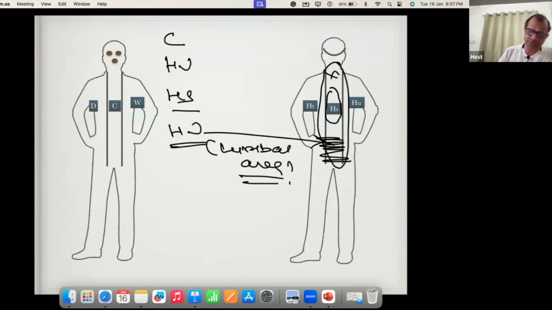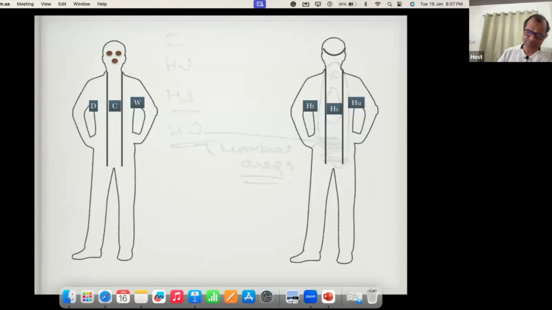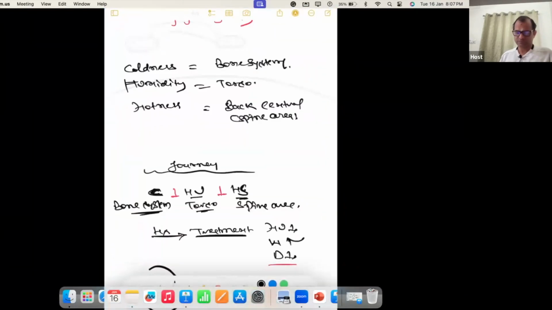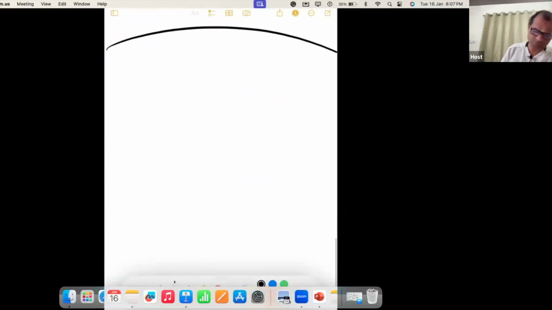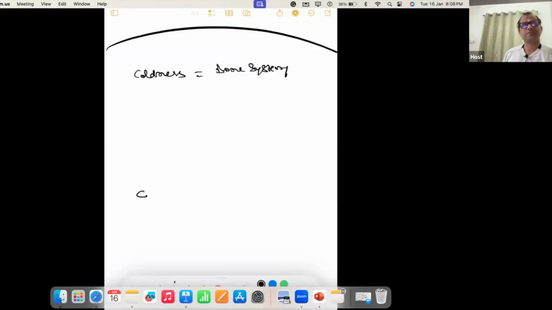So first I selected the coolness, which is bone system. So I will write coldness here. Then I selected torso, means humidity. But in the torso also back center.